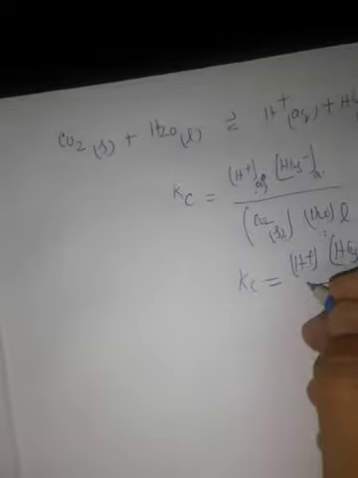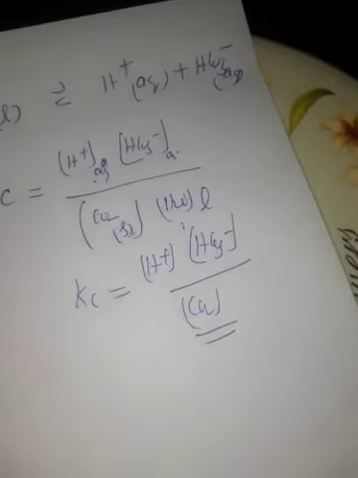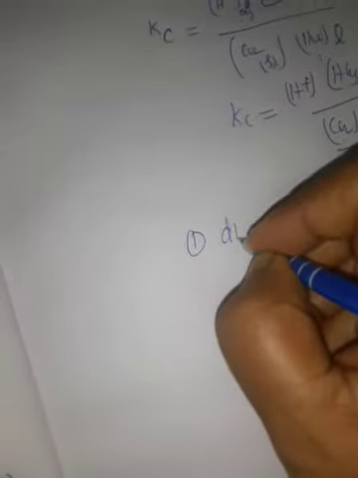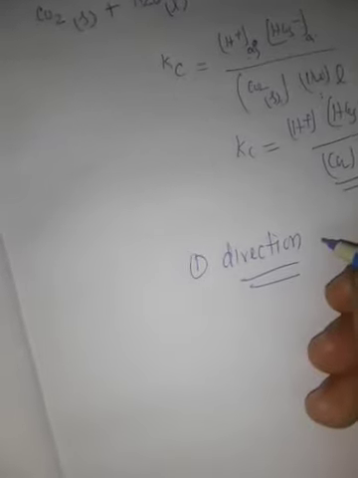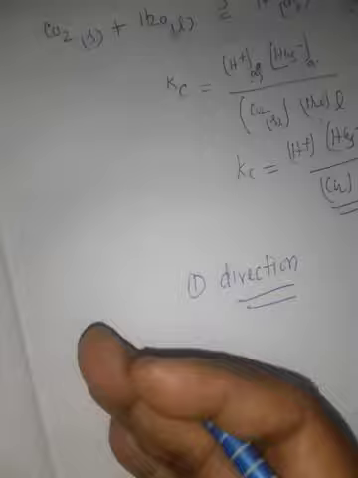So based upon this, what are the applications of the equilibrium constant? The equilibrium constant is used to predict, number one, direction. Direction means whether it is a forward reaction or a backward reaction.